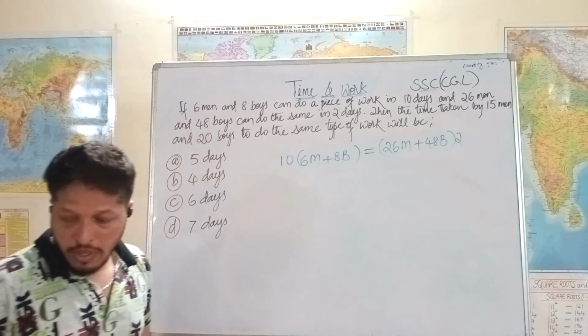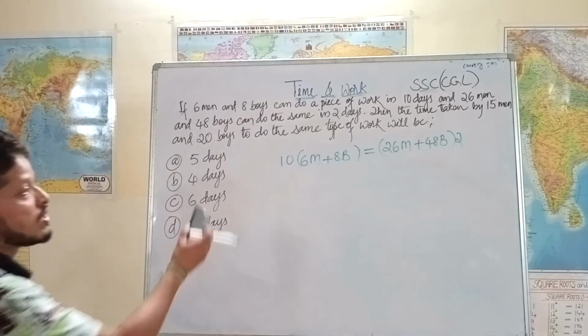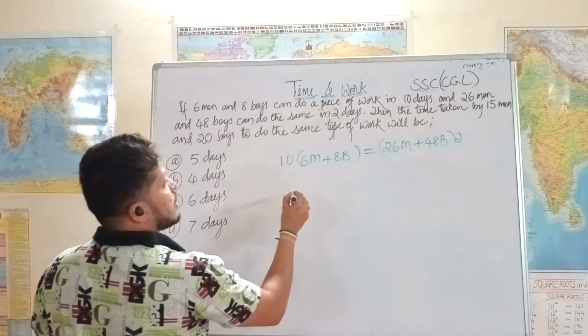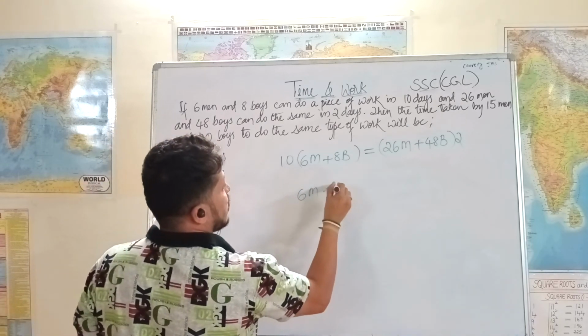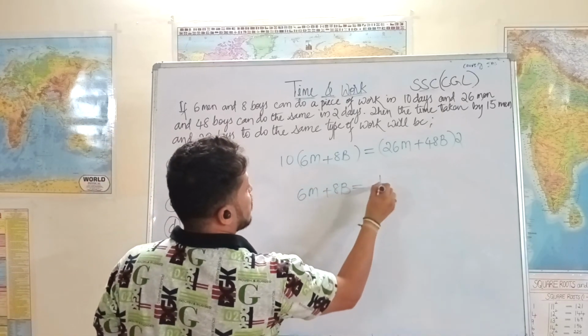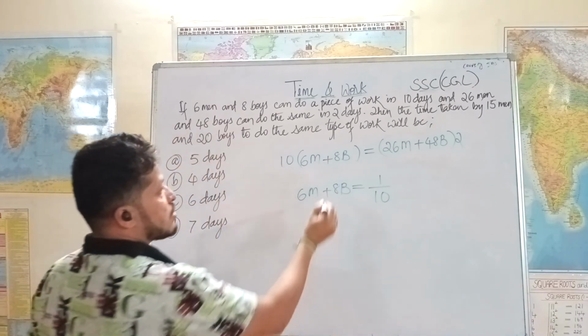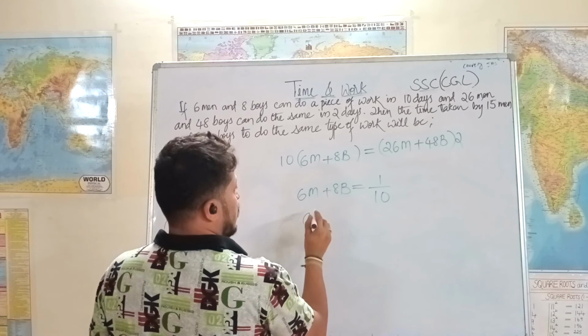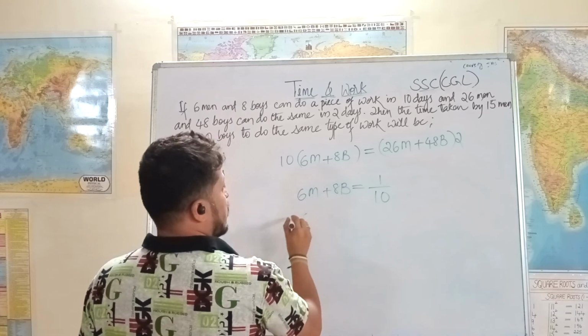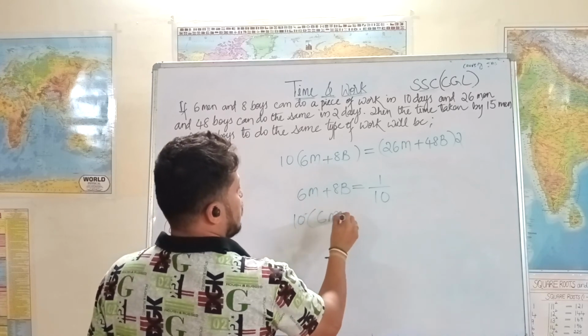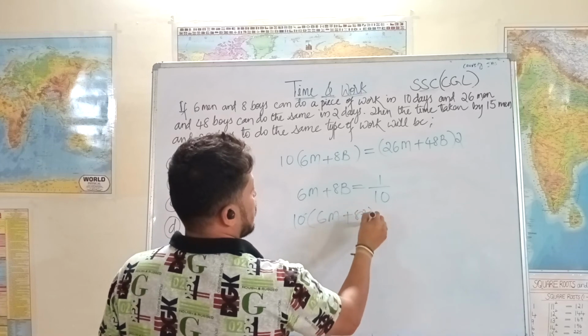Let's see how this came. Normally how we write: 6 men plus 8 boys complete the work in 10 days, right? So 1 is equal to this 10 times, if you take here 10 into 6M plus 8B is equal to 1.